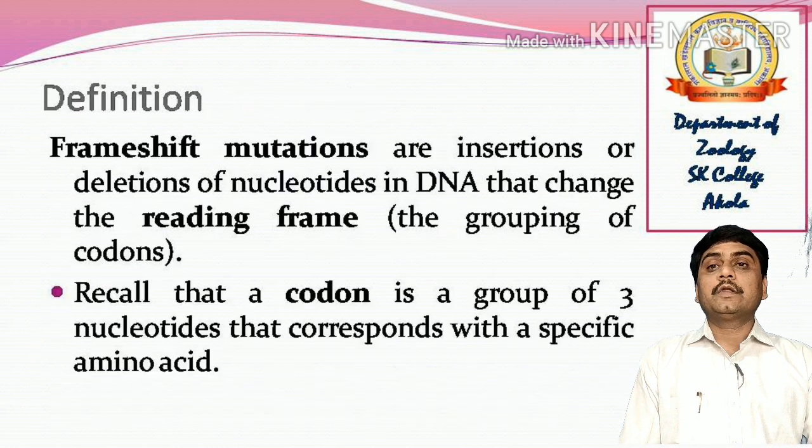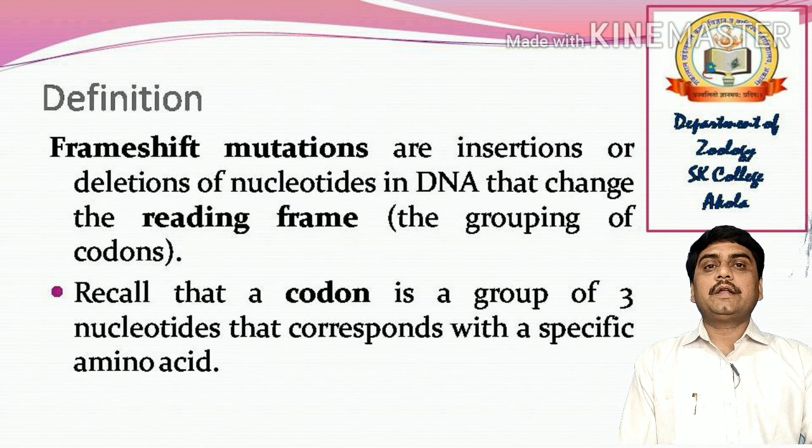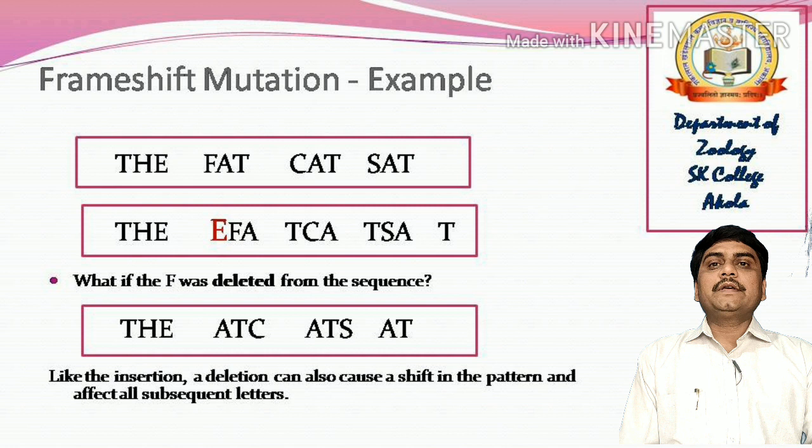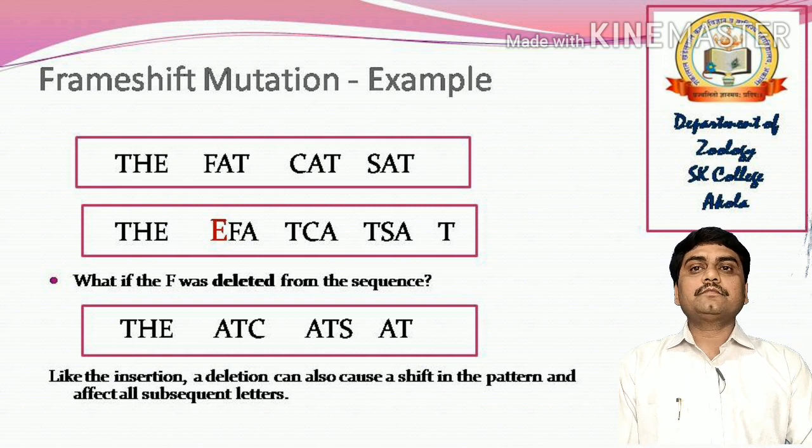So that will be a possible definition for the frame shift mutation. Or again, frame shift mutations are insertions or deletions of nucleotides in a DNA that change the reading frame, the grouping of codons. Recall that a codon is a group of 3 nucleotides that corresponds with a specific amino acid. So we can demonstrate a frame shift mutation using this particular example.